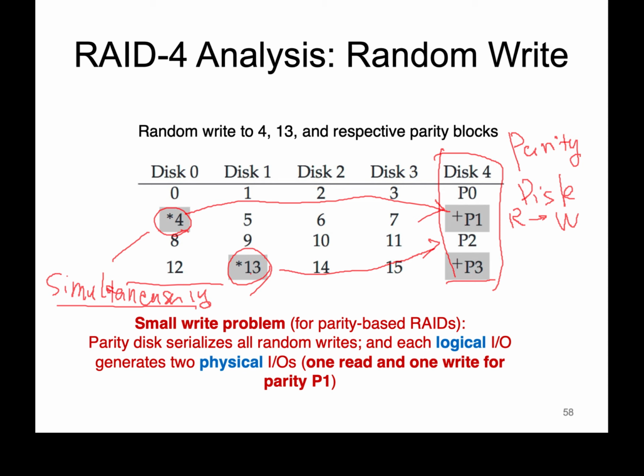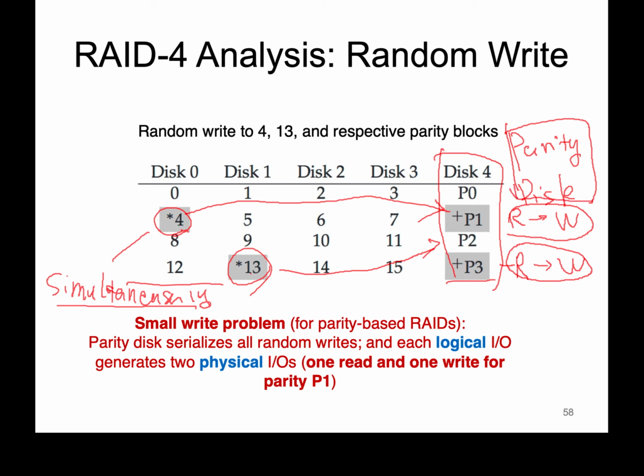In order to update parity 3 for logical block 13, you need to perform a small read to verify this parity, followed by a small write to update this value. But this read and write, together with the other read and write, get effectively serialized because this is only a single disk, meaning this is a single bottleneck.